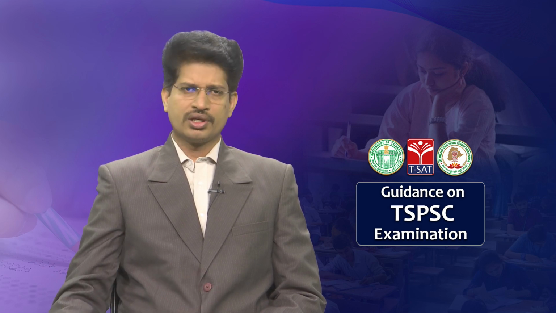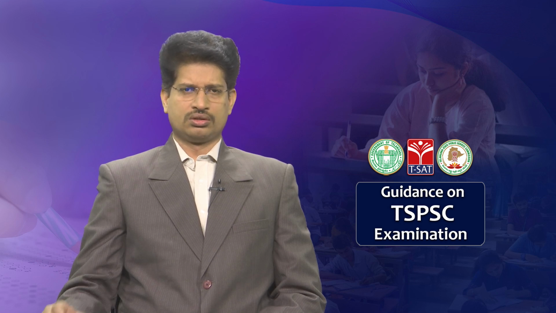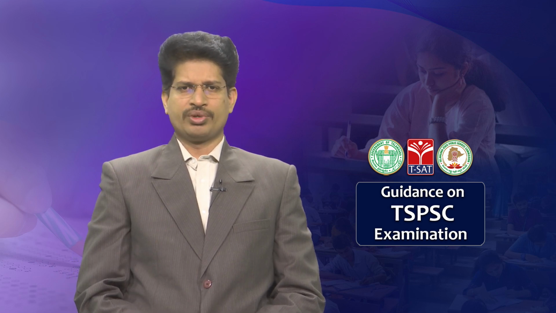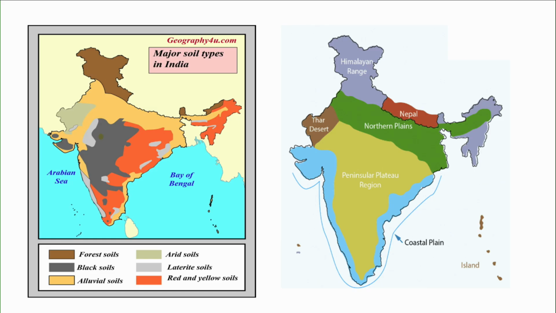For example, in the case of India, the maps being projected show two different themes. One highlights the kinds of soils, the other demarcates the different topographical features.